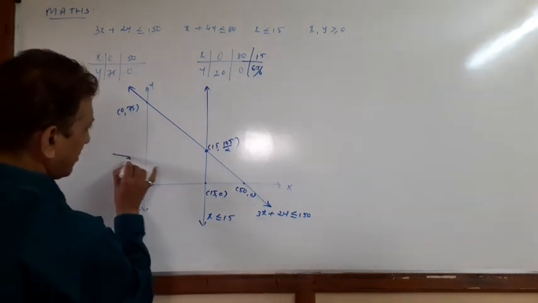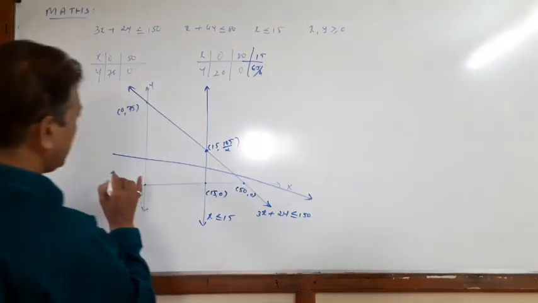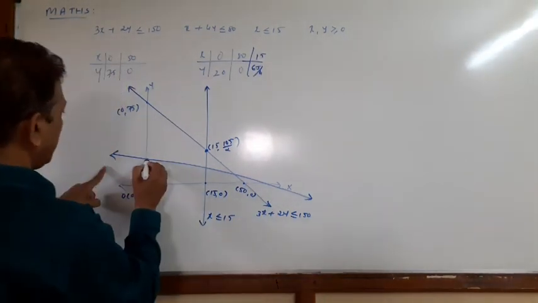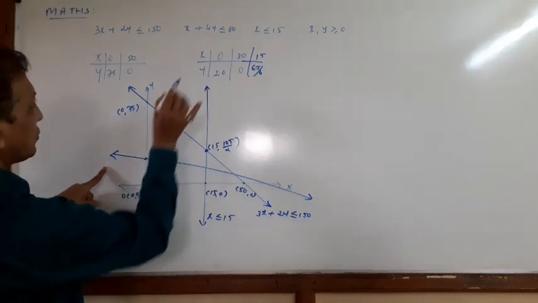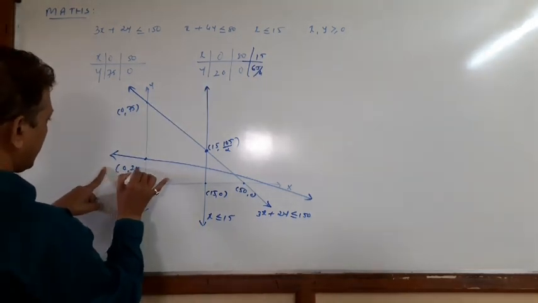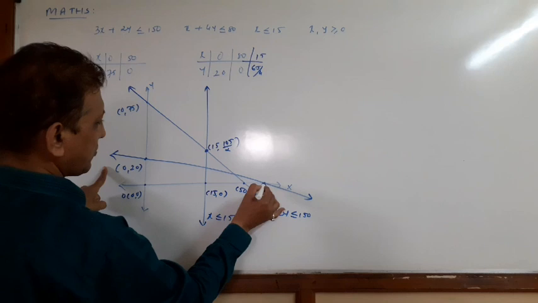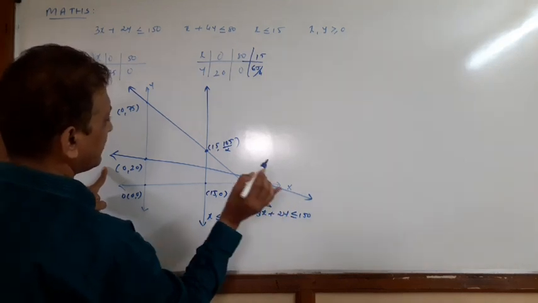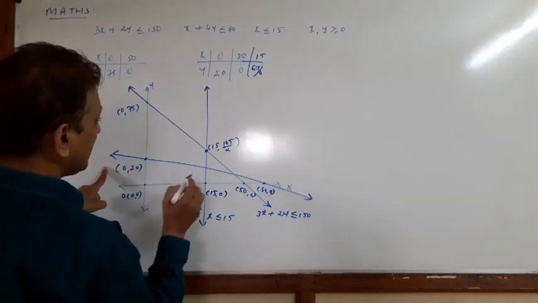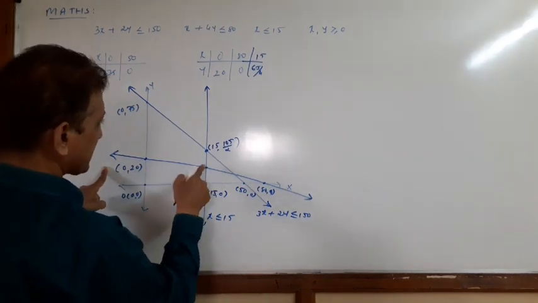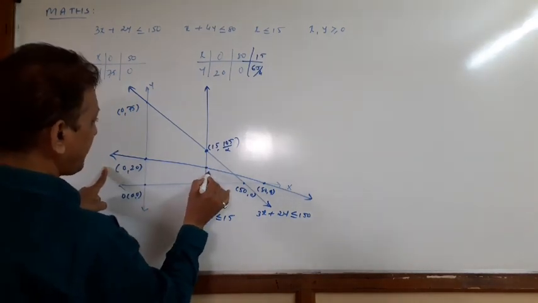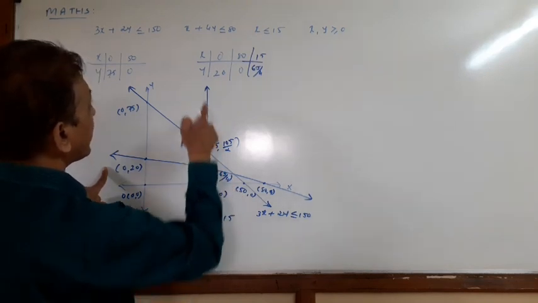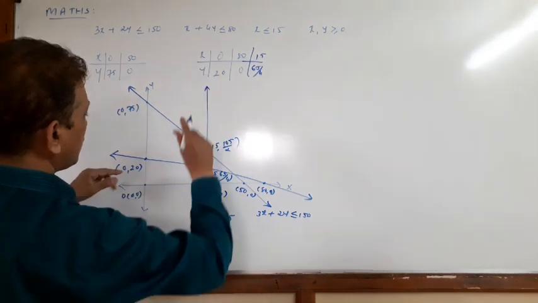Now, okay, so here the 0, 20 is the intersection point of the y-axis and the line, 80, 0 is the intersection of the x-axis, and the intersection of this line with 15 is 15 and 65 by 4. Again less than 0.